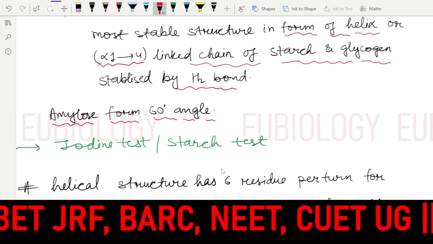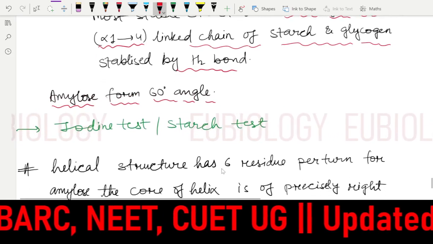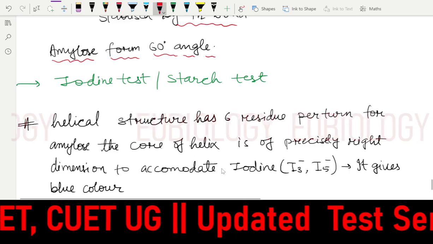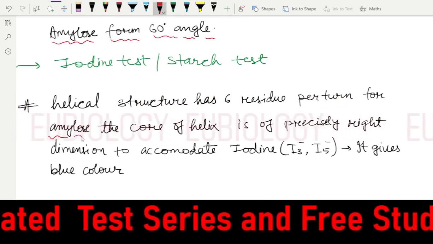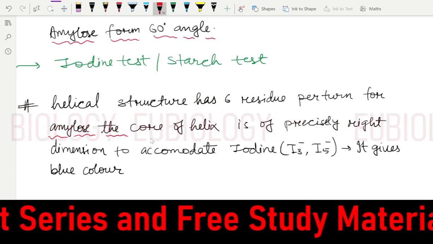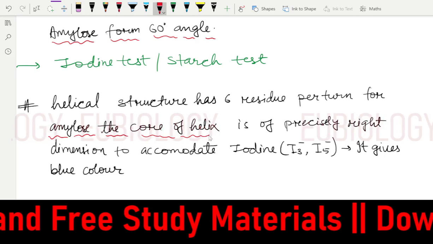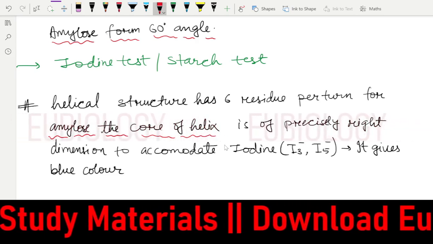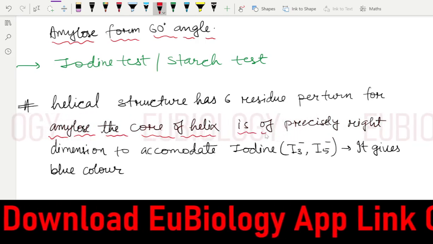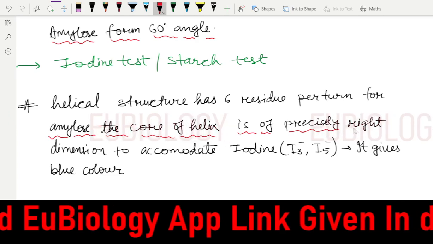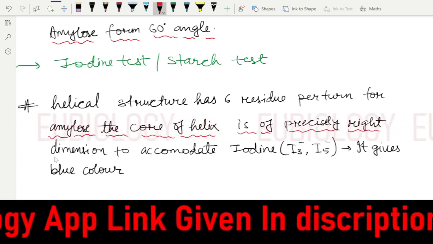So how can we do the iodine test, or the starch test? By the use of iodine. As I said, the core of the amylose helix is of precisely the right dimension to accommodate iodine. So it has a precisely right dimension to accommodate what?